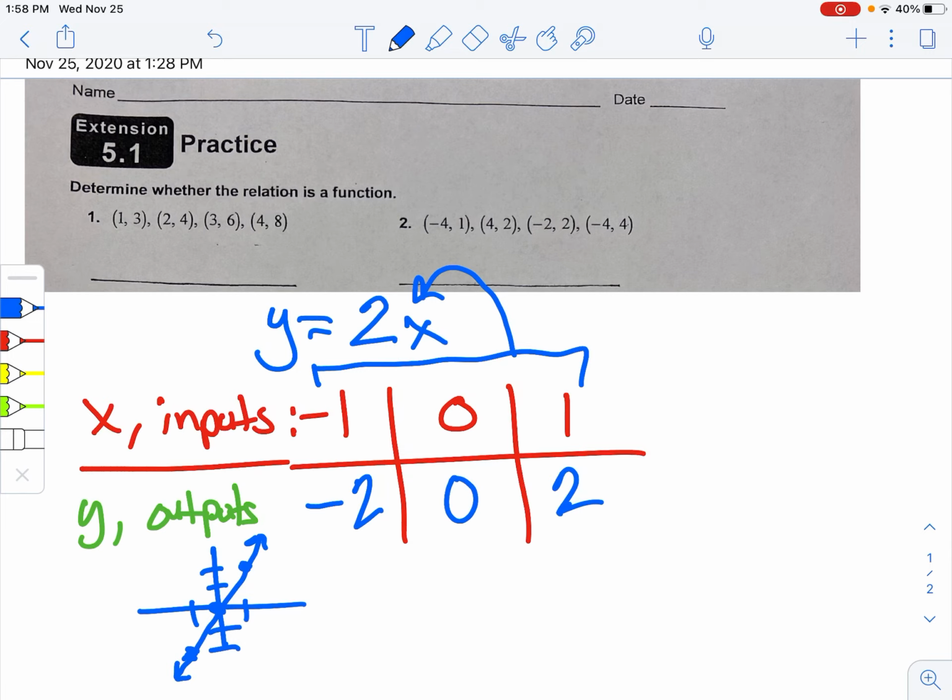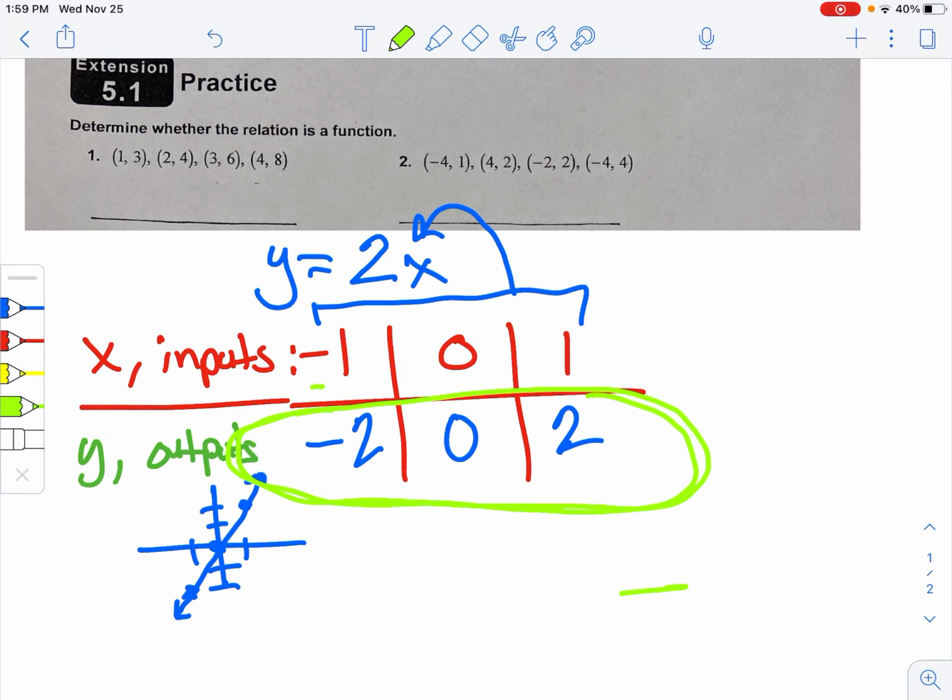Now, a rule with our function. If we're looking at our table, we can have y values that repeat. We can.